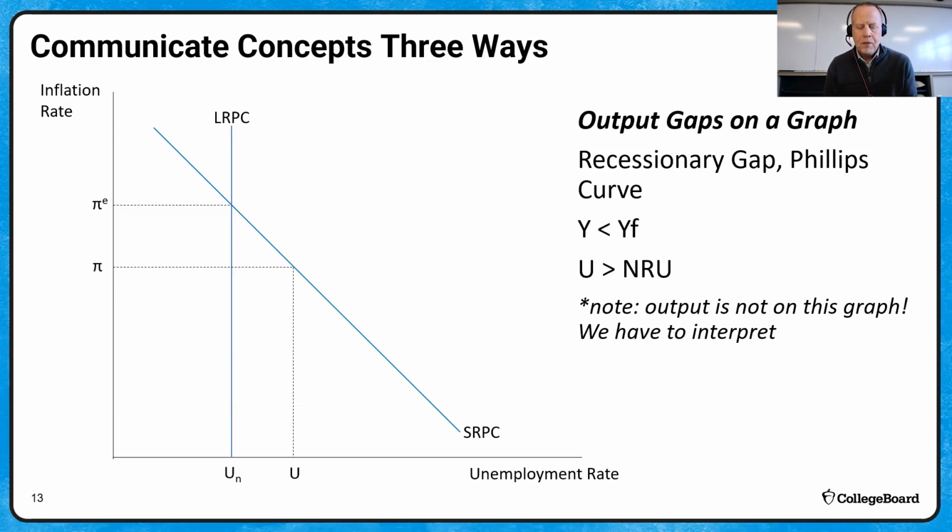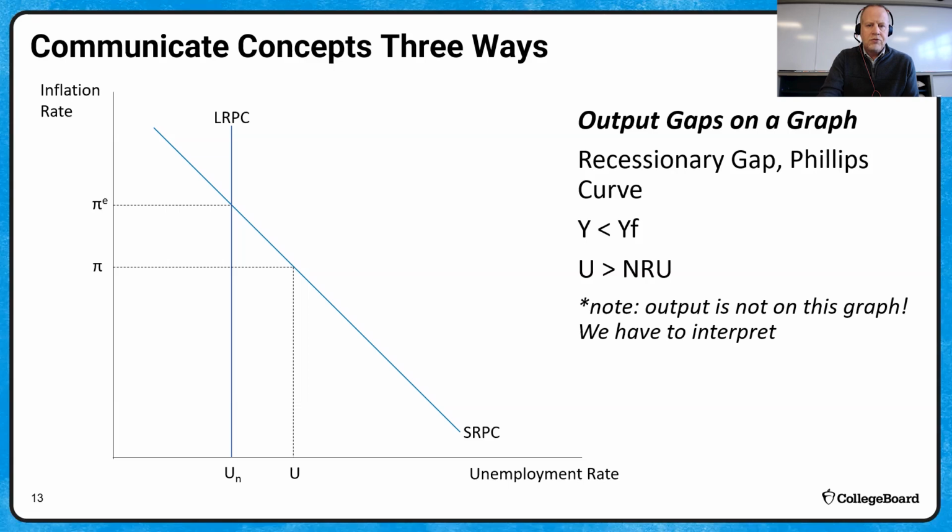It is not. Make that connection to the data, and this all becomes that much easier for you. A recessionary gap is represented here by unemployment levels which exceed the natural rate. I made the mistake myself. That's your recessionary gap on the Phillips curve. Easy mistake to make. We've got to make sure we understand why it is. Okay, so it comes down to interpretation.